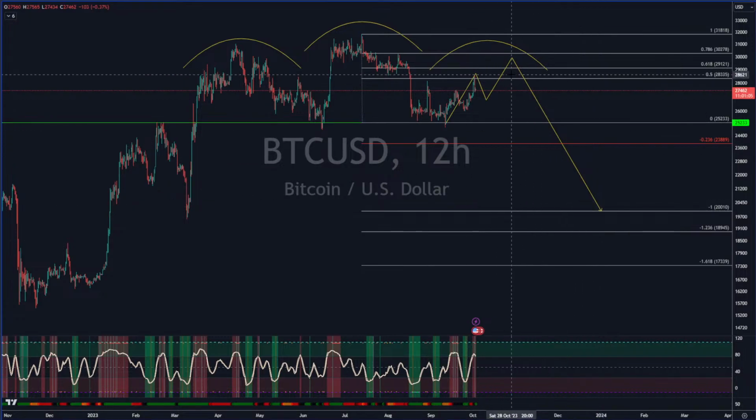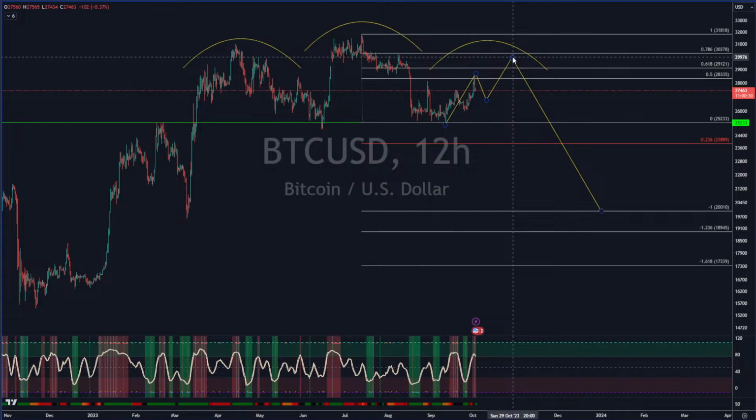So if we do see another move up higher, which is very possible, I am expecting a move down sometime either into the end of the year or next year. The other thing I'll say is Bitcoin has been moving sideways and, in recent weeks, moving up, whereas the S&P 500 has been moving down. Our time cycles for the S&P 500 are really out of sync with Bitcoin right now.